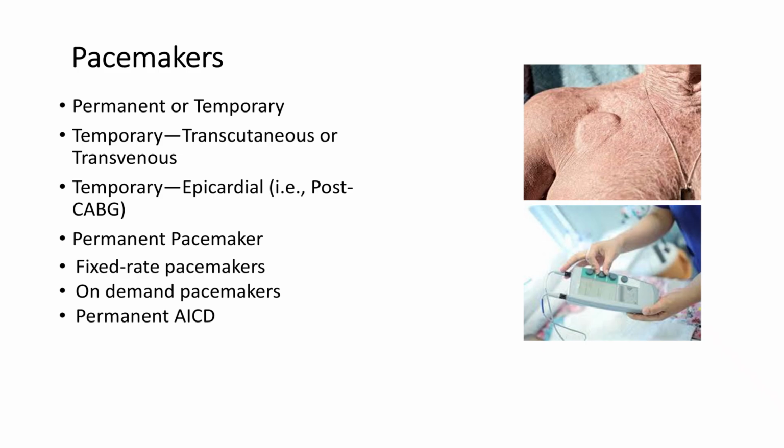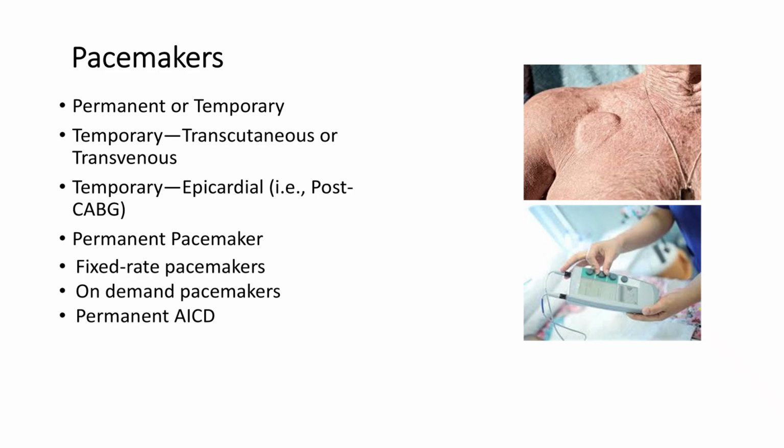However, if the patient is not sustaining a heart rate over 60, that pacemaker will fire in order to sustain that heart rate. And then you can have the pacemaker defibrillator combinations, and that's going to have that ICD in it as well.